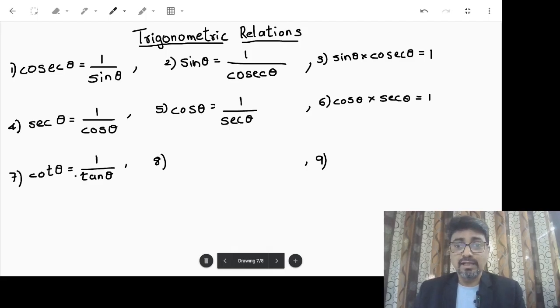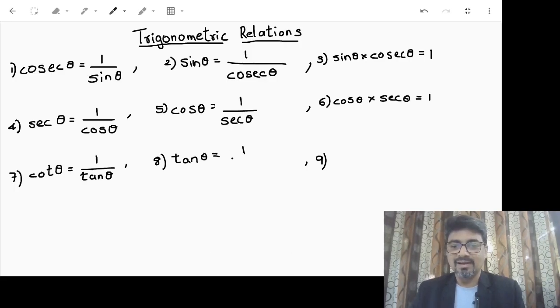Tan theta take on the left side, cot theta take on the right side. It becomes tan theta is equal to 1 upon cot theta. Correct. Now, again, cot theta can get multiplied to tan theta on the left. I will get another way of writing: tan theta multiplied by cot theta is equal to 1.